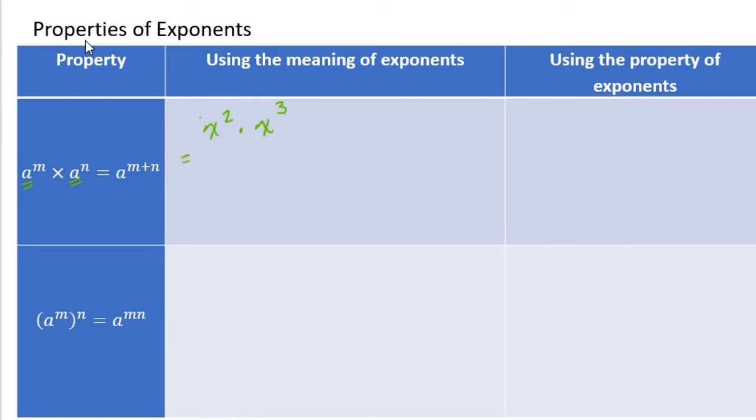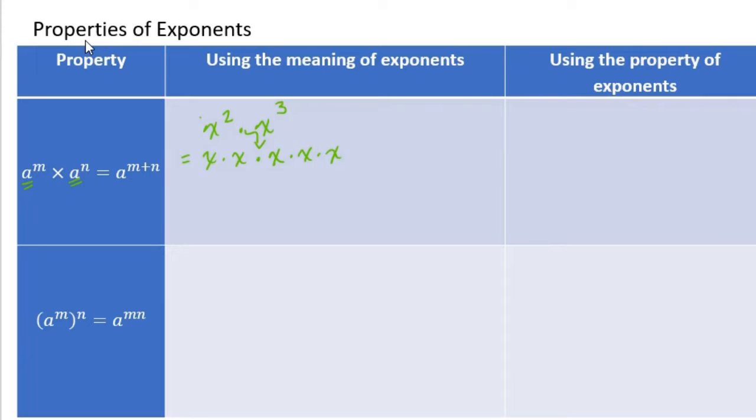Okay, so what does this really mean? If I have x squared and I'm multiplying that by x cubed, x to the power of 3. Well, x squared is really just x times x. And then we're multiplying that, so there's that multiplication point repeated, by x to the power of 3, in other words, by x multiplied by itself 3 times.